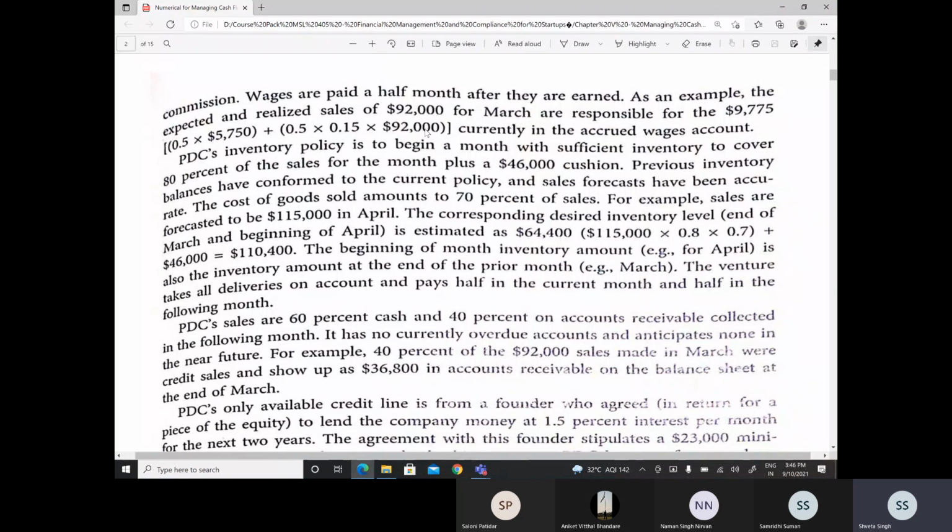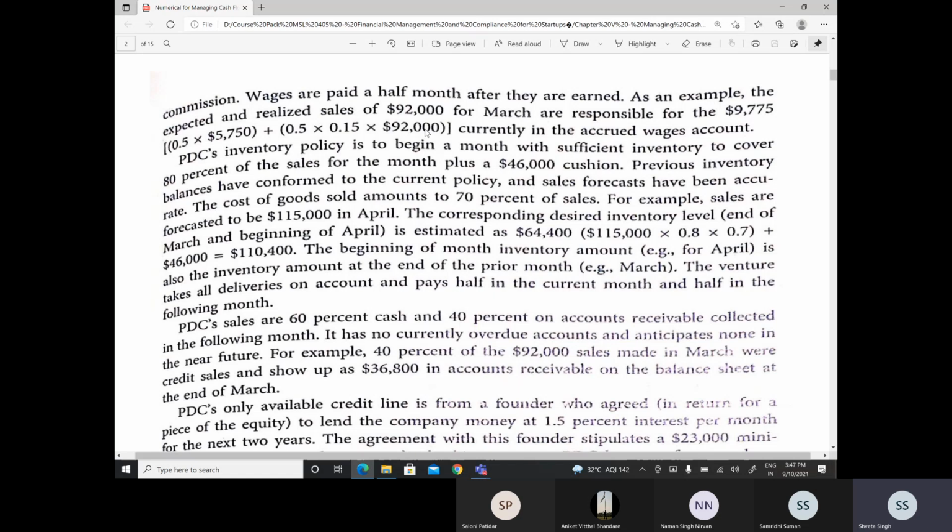PDC's inventory policy is to begin a month with sufficient inventory to cover 80% of the sales for the month plus a $46,000 cushion. Previous inventory balances have conformed to the current policy and sales forecasts have been accurate. The cost of goods sold amounts to 70% of sales.